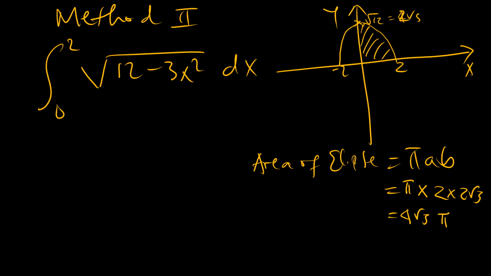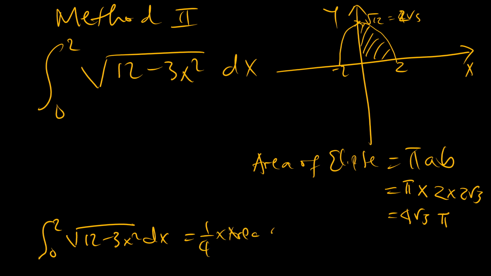But this segment is just a quarter of the area of the ellipse, so the area of interest, or the integral, is equal to a quarter times the area of the ellipse, which is equal to a quarter times 4 root 3 pi, which is root 3 pi.